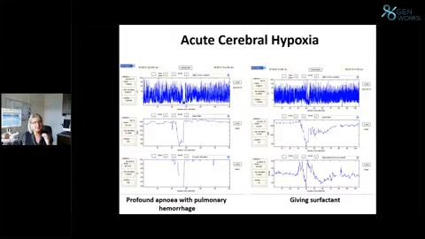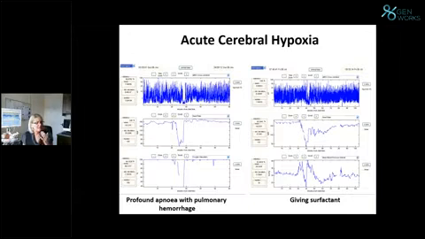And this is an example here of an infant with a profound pulmonary hemorrhage. So here on the left, you see a profound apnea just in the middle of this slide, and I don't know whether my mouse will show up here, but this baby having a really profound apnea with pulmonary hemorrhage is absolutely affecting brain function.